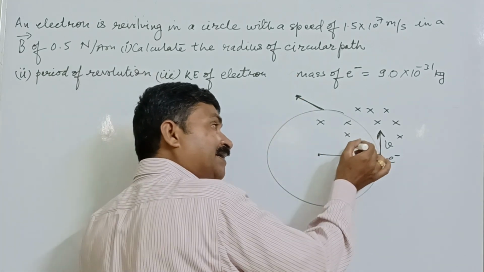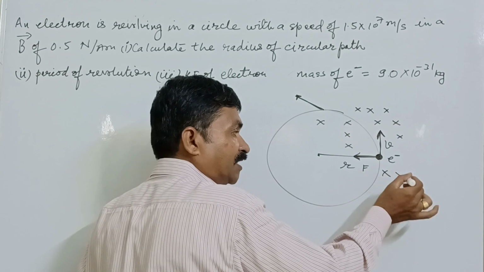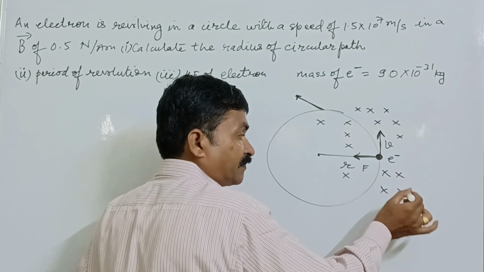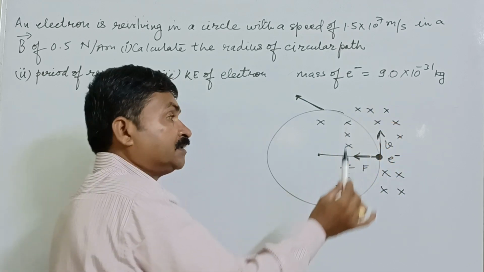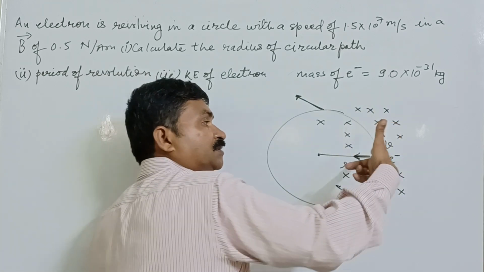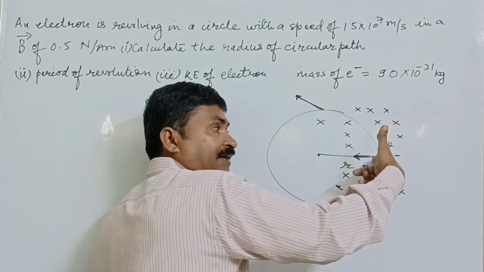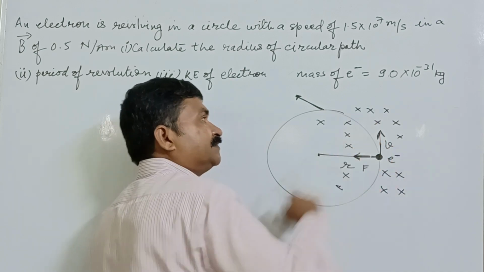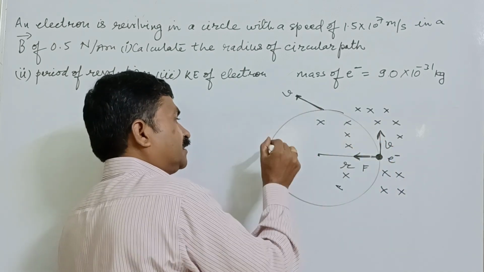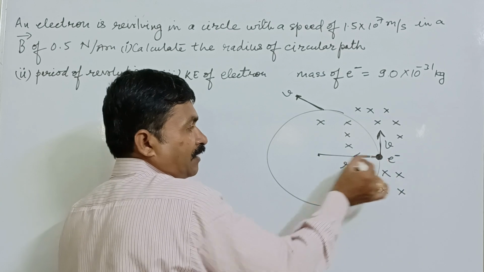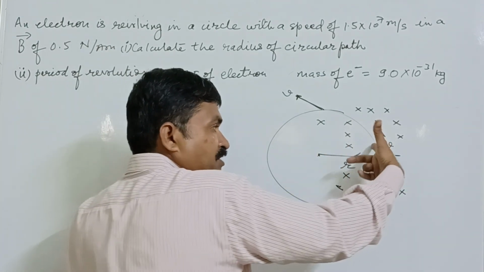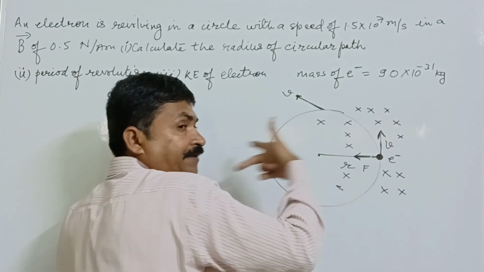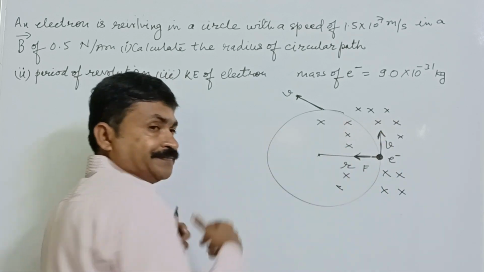So if they are acting in this direction, that's why we have put a cross over here, and the velocity is in this plane, then the force, this is the magnetic field, the velocity, this is again the velocity, it will be always perpendicular to this radius. So the force, you will see, it will be acting in this direction.